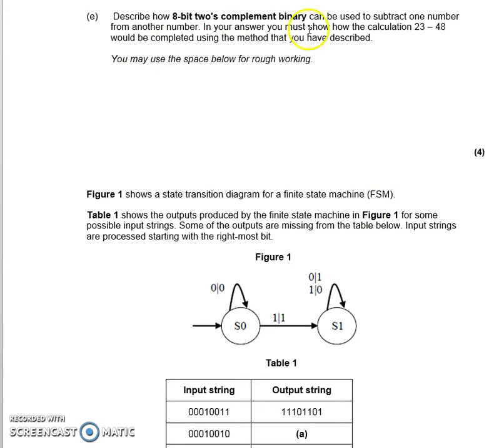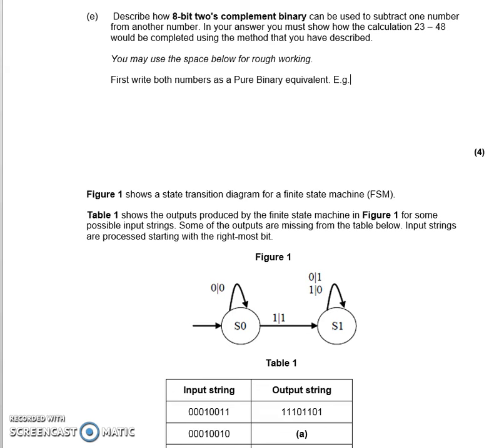Describe how 8-bit 2's complement binary can be used to subtract one number from another. First, write both numbers as a pure binary equivalent.